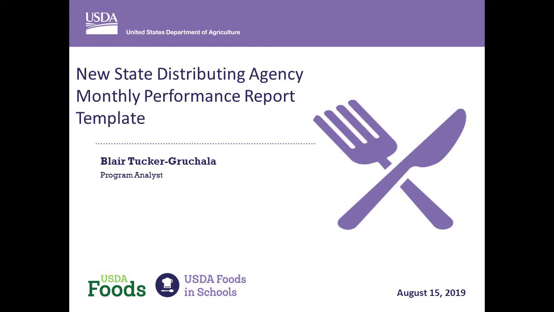SDAs are encouraged to get to know the new template and use this report to reduce the time, effort, and cost associated with processors having to provide multiple versions of the same data. Moving forward, processors will be sending states the new State MPR template.